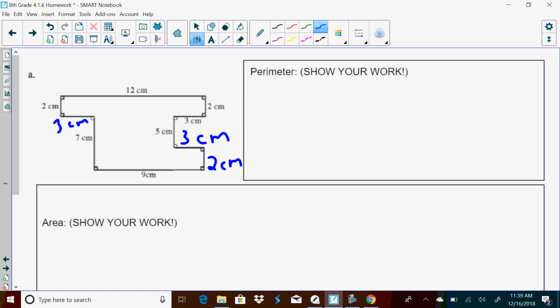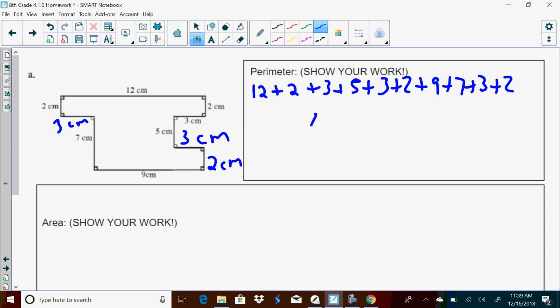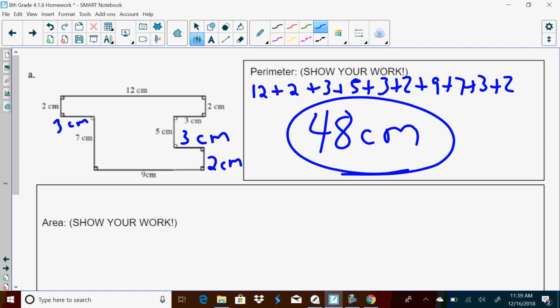So when I add all the way around, I do 12 plus 2 plus 3 plus 5 plus 3 plus 2 plus 9 plus 7 plus 3 plus 2. If I put that in my calculator, I get 48 centimeters. So for the area, I have to separate it. I chose to separate it going horizontally, but that was up to you. So I know 9 times 2 is going to be 18, which is this rectangle right here.